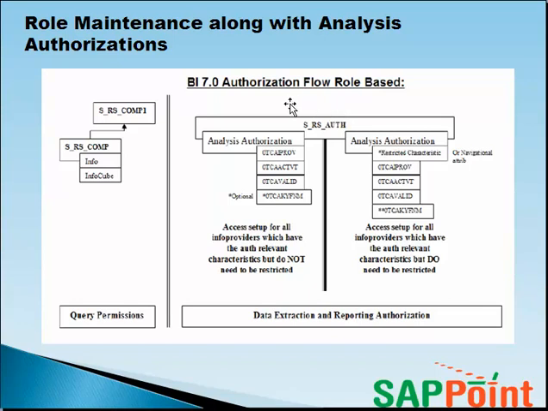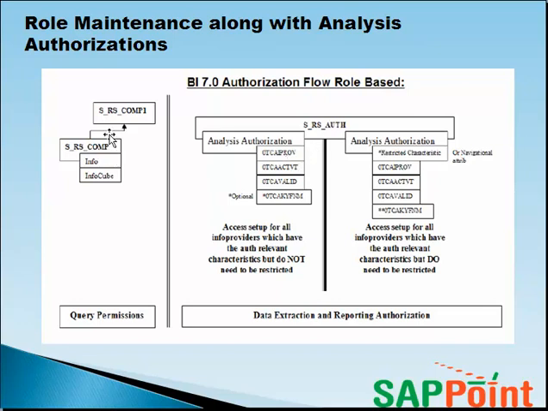So analysis authorization replaces the info provider objects that we used to have in BW, meaning it replaces S_RS_ICUBE, S_RS_ODSO, S_RS_MPRO, and S_RS_ISET. These 4 objects in BI. So instead of using those objects, you use analysis authorization.